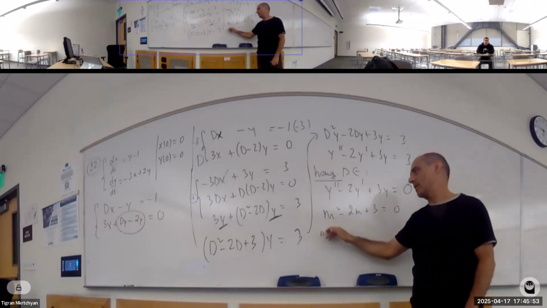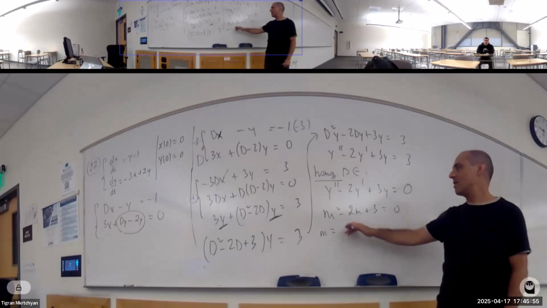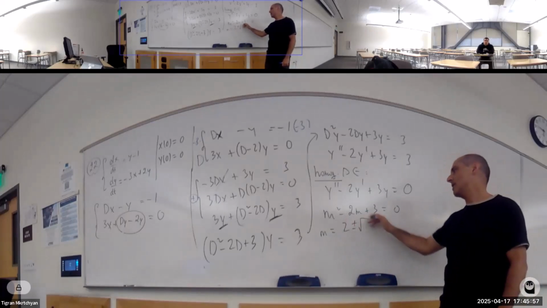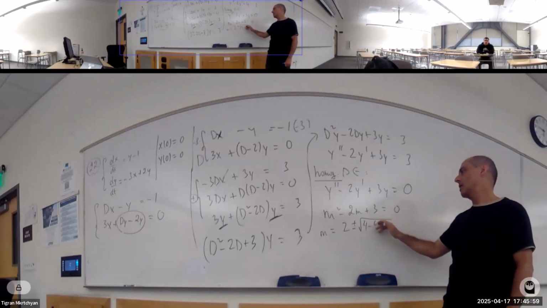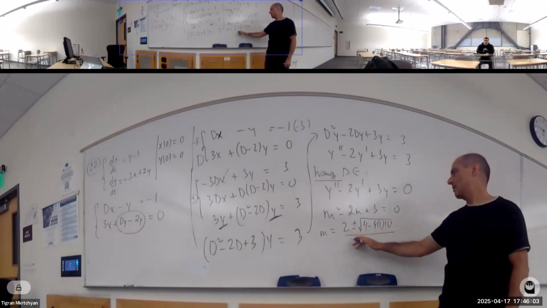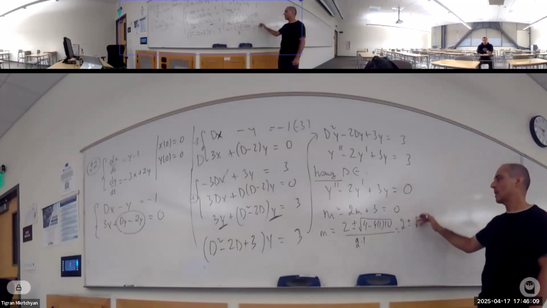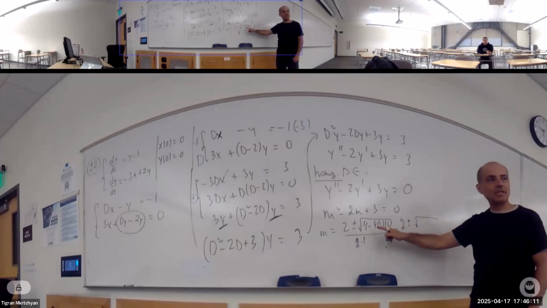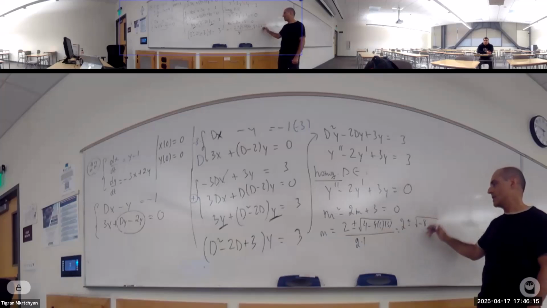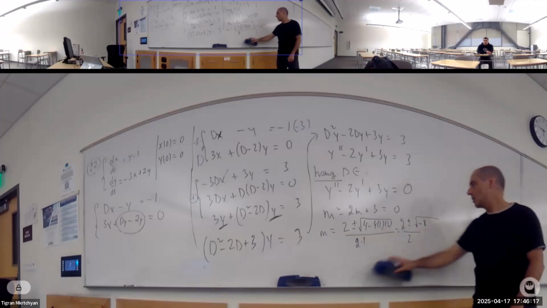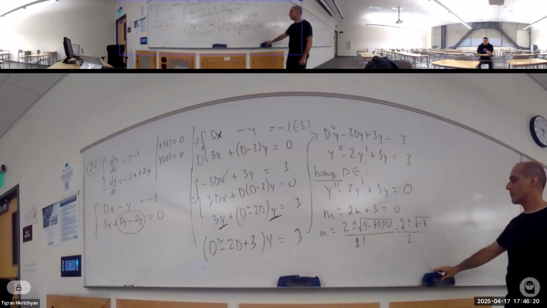So let's use the formula. Minus b, plus or minus the square root of b squared minus 4ac, over 2a. We see that's negative because that's 4 minus 12. That's why we couldn't factor.